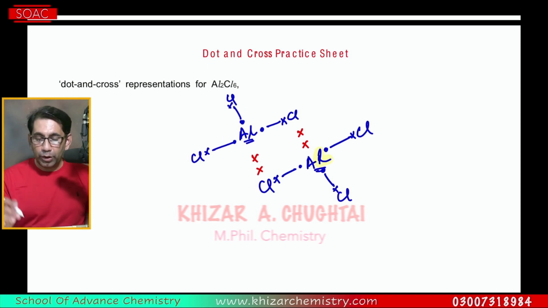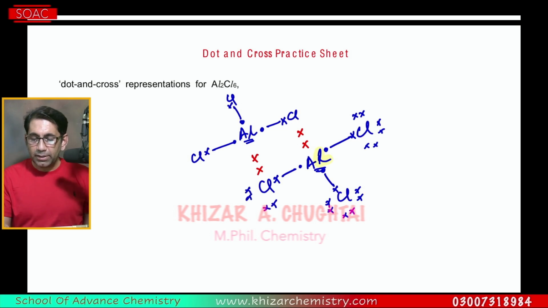Now I'm going to mark lone pairs on each chlorine atom. So I'm marking over here, over here, over here, over here, over here. Every Cl has 1, 2, 3, 4, 5, 6, 7. Yes, correct. 1, 2, 3, 4, 5, 6, and 7 complete.